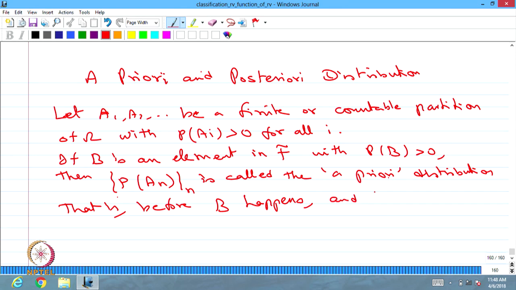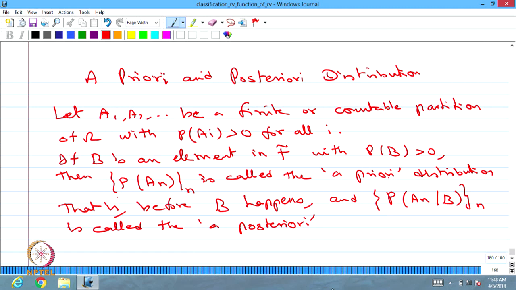And the collection of P of An given B for all n is called the posterior distribution, because this distribution is known after B happens, whereas P of An is known before B happens, therefore it is called a prior distribution.